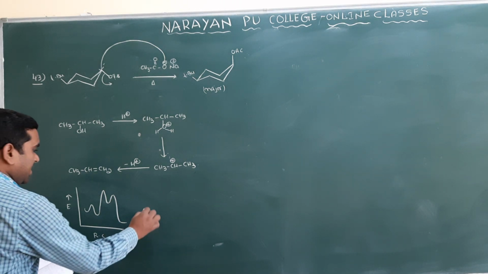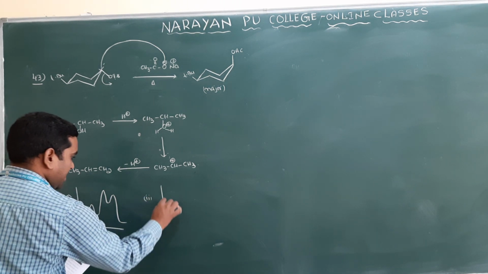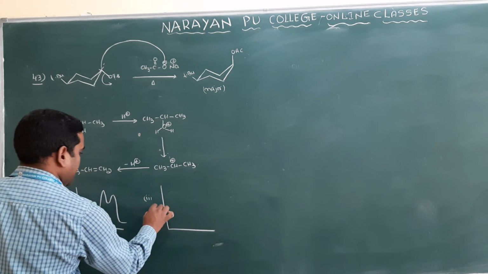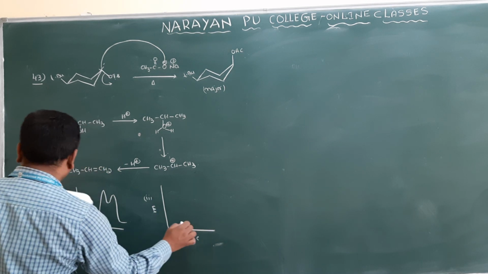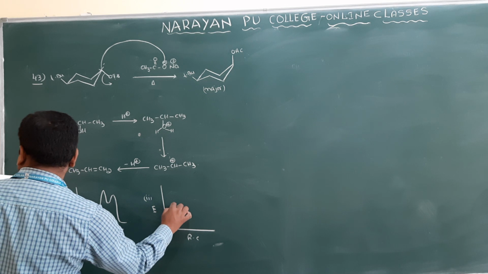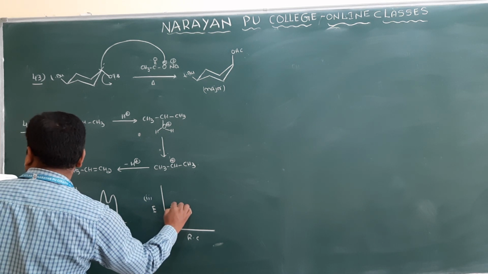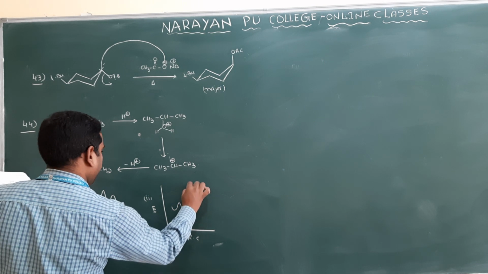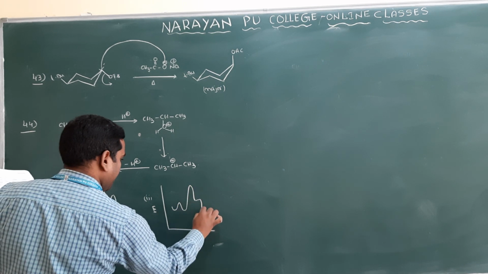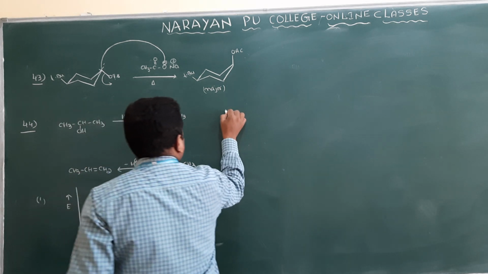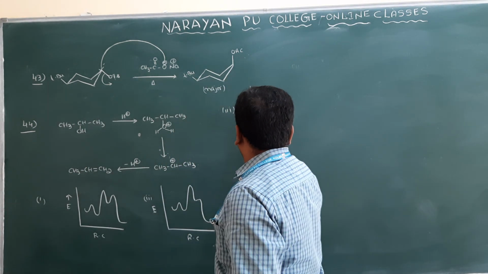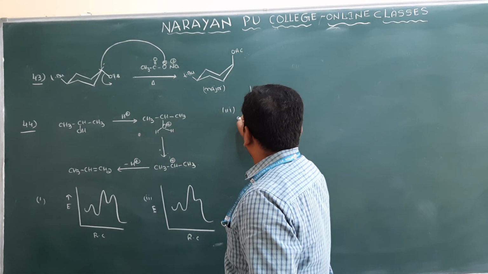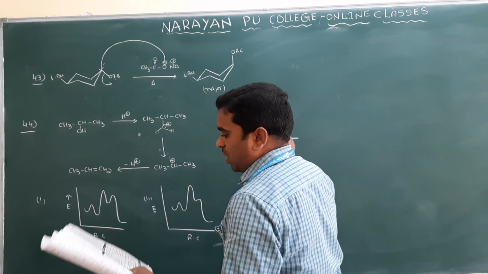Coming to the second option, the second graph has the same axes E and reaction coordinate, and is like the first one, but here it differs. Next, the third one, they have given E and reaction coordinate.